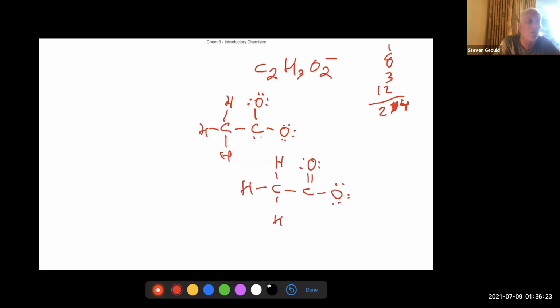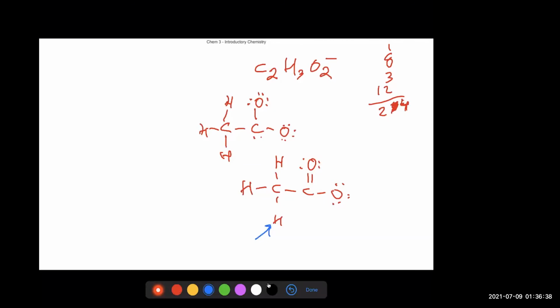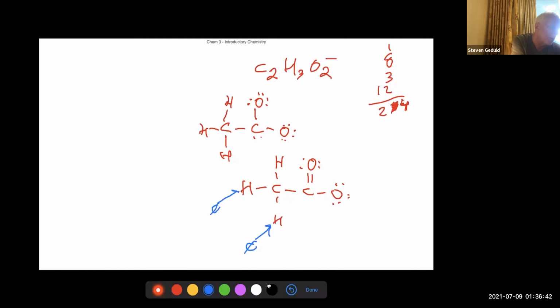Okay, let's do formal charges. What's the formal charge on hydrogen? Hydrogen normally has 1 valence electron, and we got 1 bond attached. So 1 minus 1 is 0. Formal charge on this hydrogen is 0. Formal charge on this hydrogen is 0.